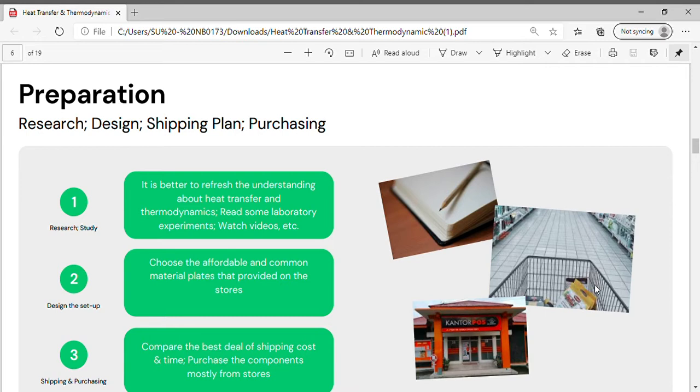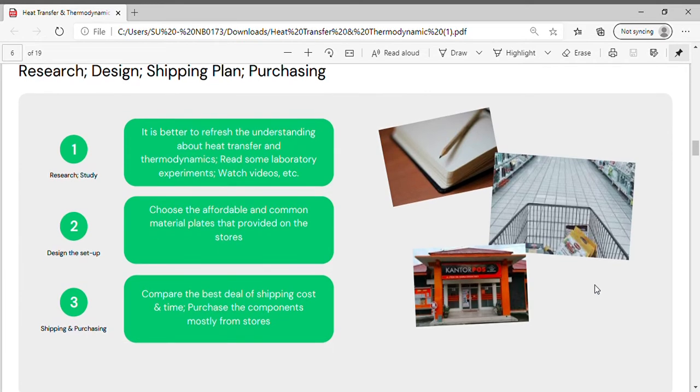So we were able to find the most suitable one for us. And then step 2 is to choose the most affordable and common material plates that exist in our surroundings. And in this experiment, we chose aluminum, iron, and stainless steel.